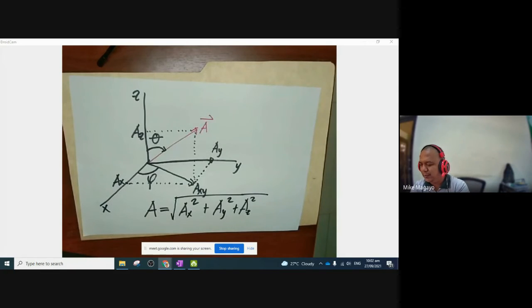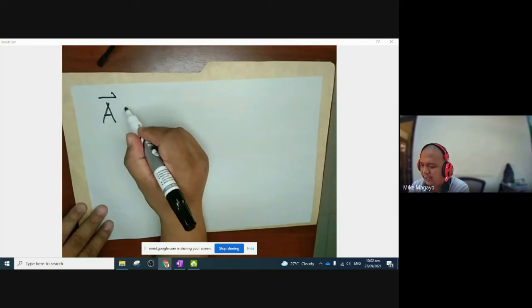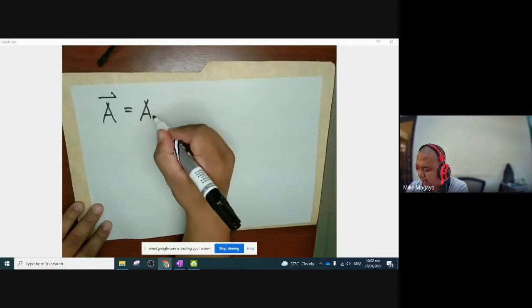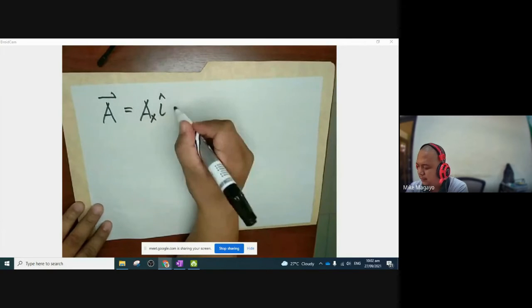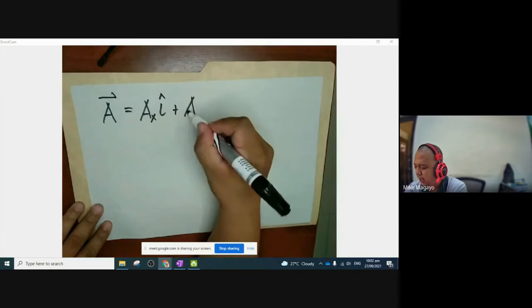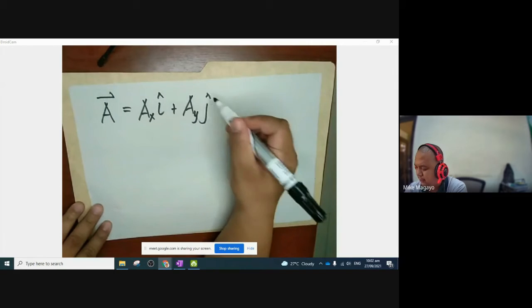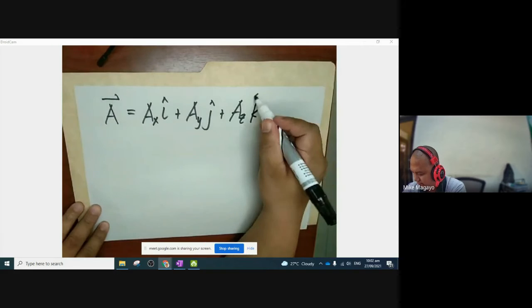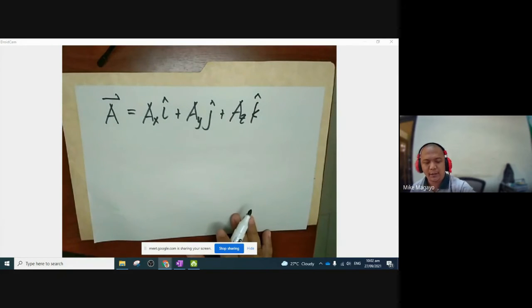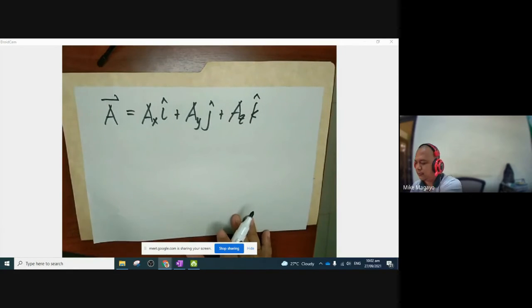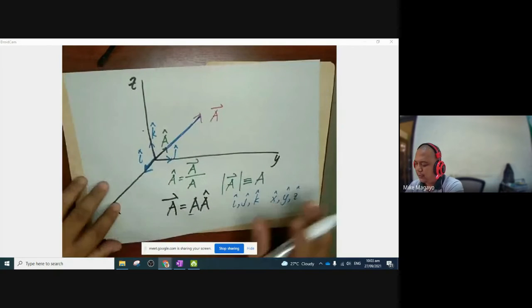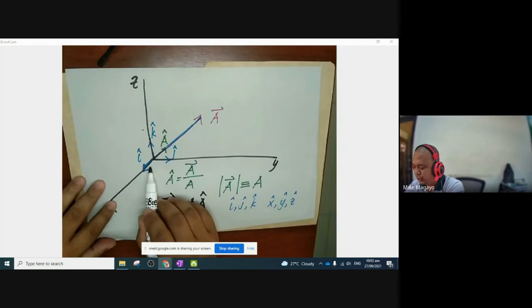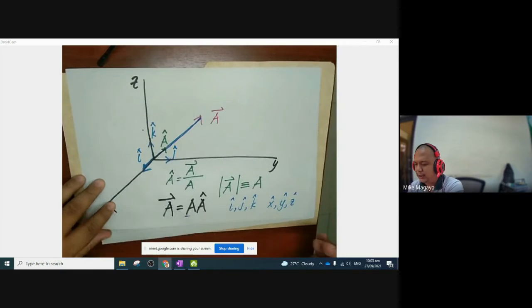Suppose, for example, you have a vector A equal to ax i hat plus ay j hat plus az k hat. If you remember earlier, the unit vectors i, j, and k hat indicate the direction.